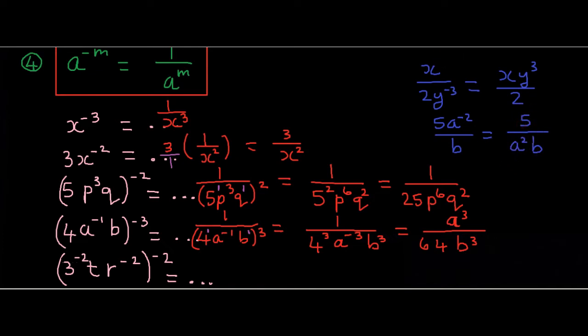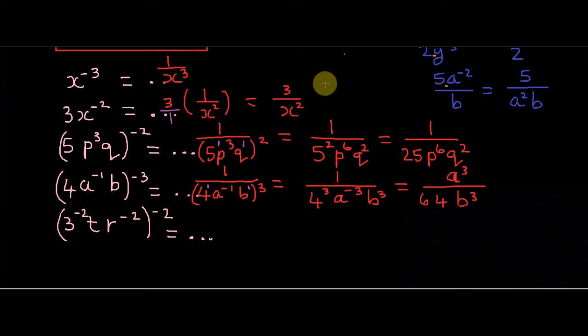Now note that we can only do this if you are multiplying. So I couldn't take the y to the top if it was 2 plus or minus y to the negative 3. I couldn't do it.